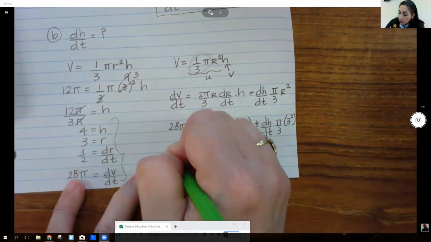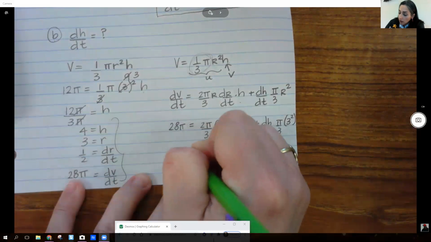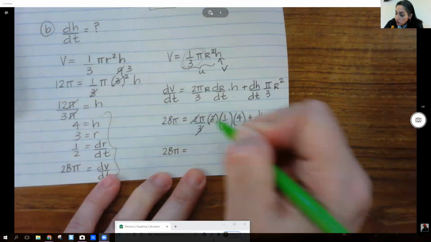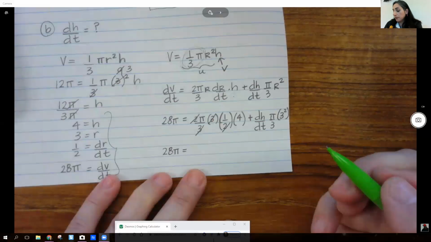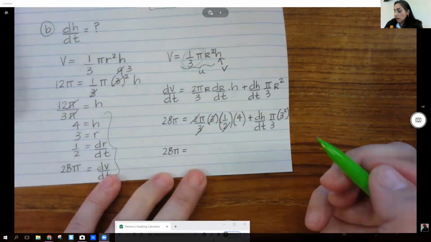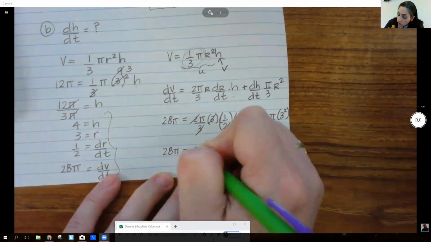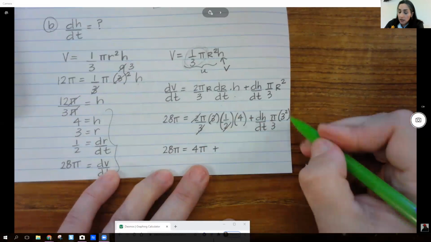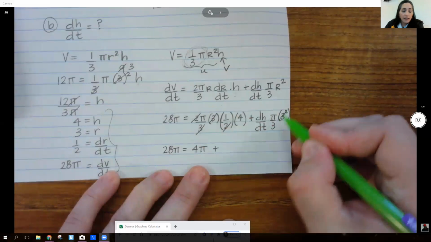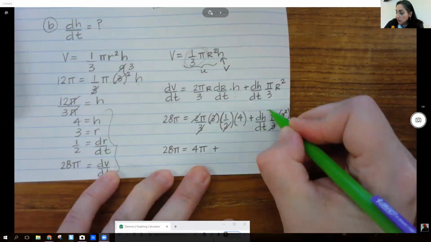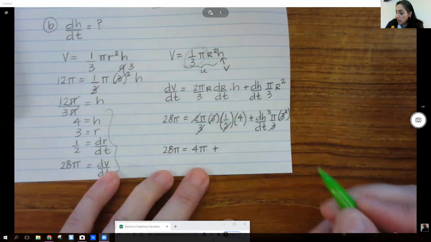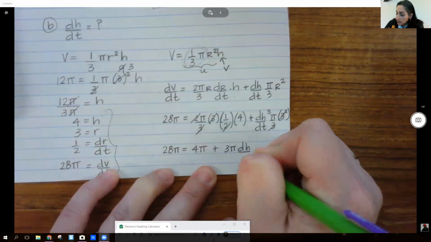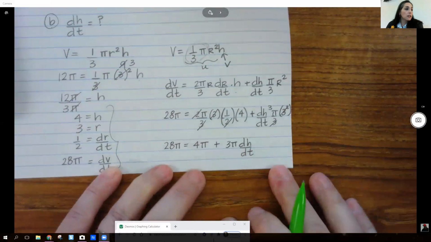Okay, so those 3's go, the 2's go. This becomes 4 pi plus, this is like 9 divided by 3, which is 3 pi. So this would be 3 pi dH/dt.